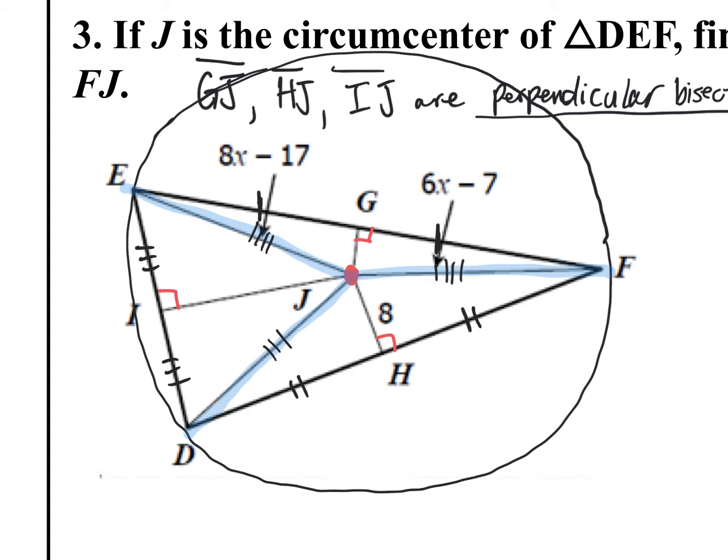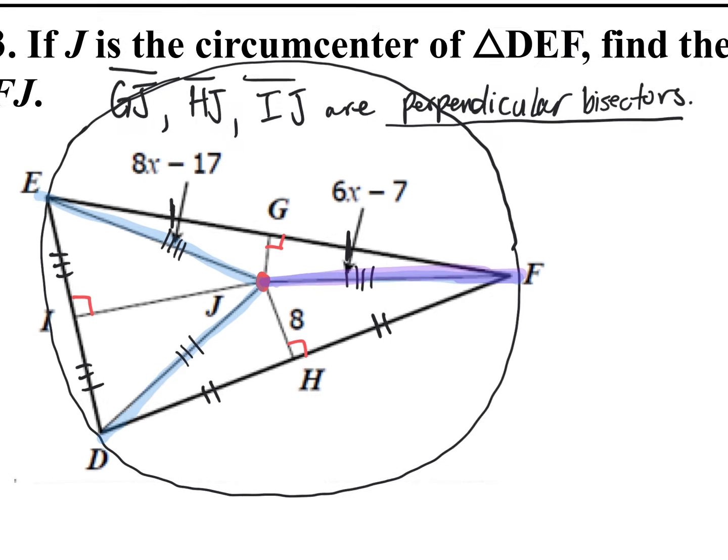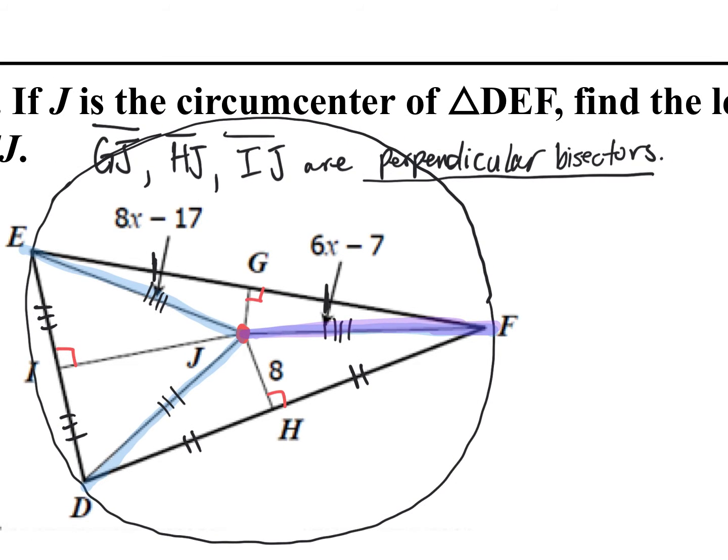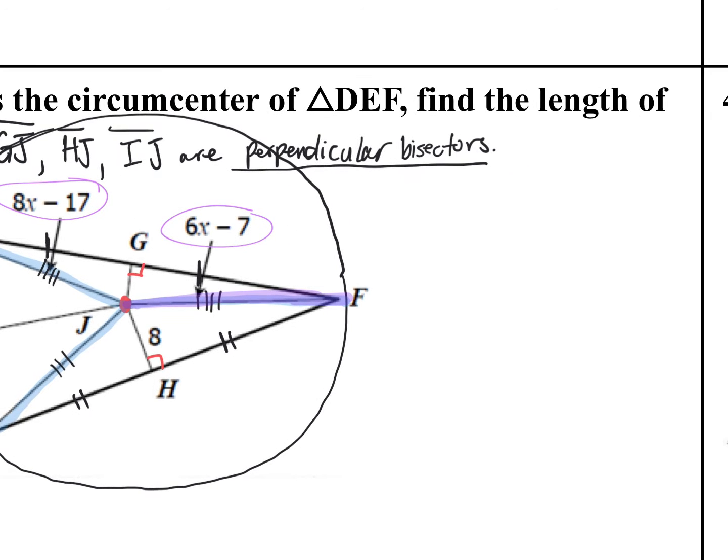So in order to find the measure of FJ, I first need to find the value of x. To find the value of x, I am going to set these two expressions equal to each other. So 8x minus 17 equals 6x minus 7.